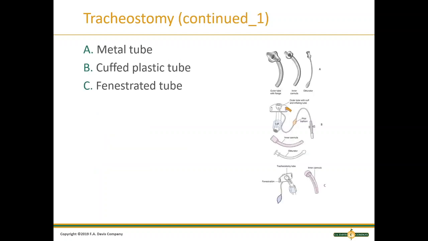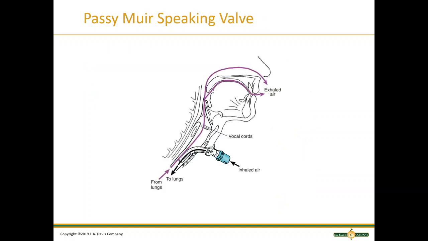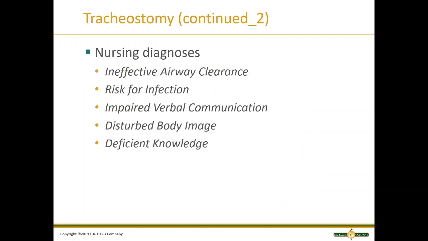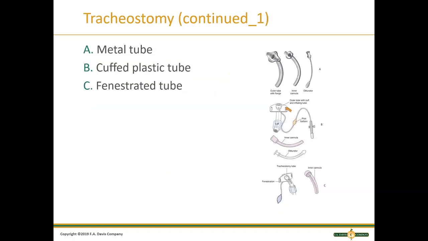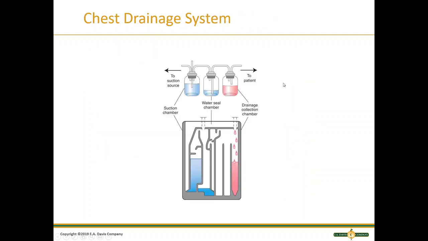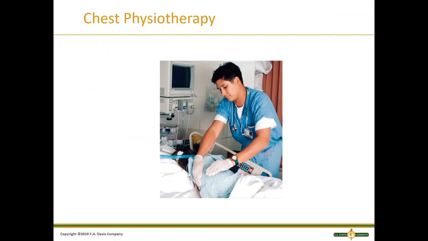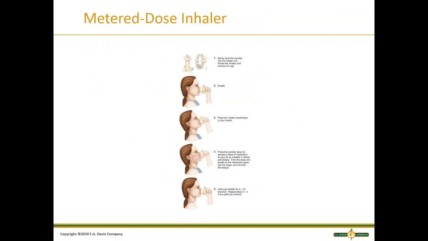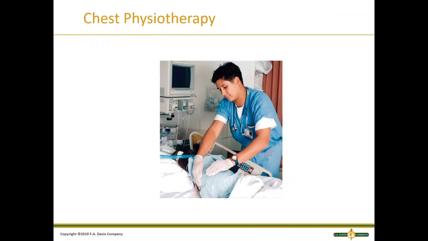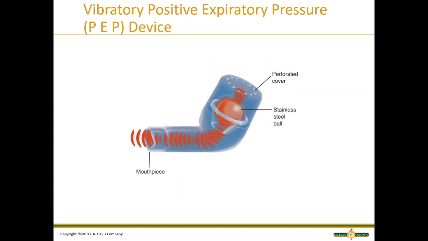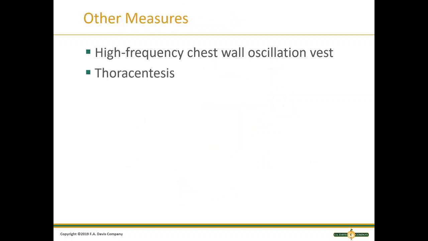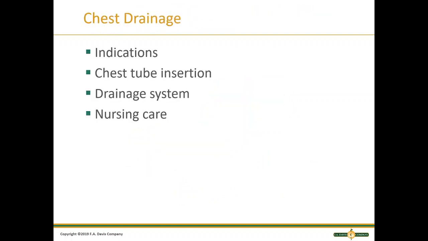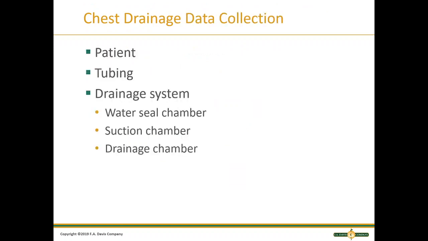This is just more about trachs. You can see here, this is the portion, and it goes back to the diagram of the trach. I don't want to go too far. It's in your book. Let me catch you back up where I was at.